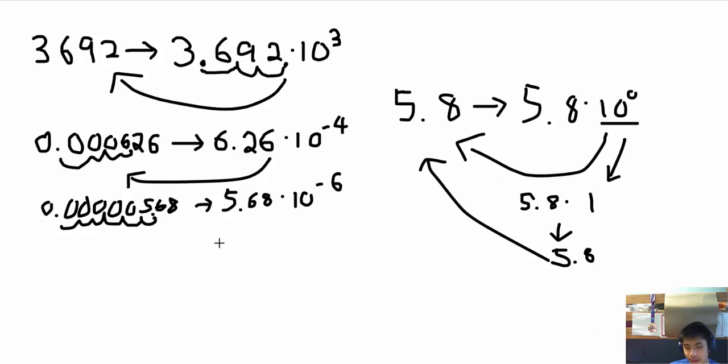Same thing with 5.68 times 10 to the negative 6 power. And finally, for 10 to the power of 0, we use it when our decimal or number is already in its scientific notation form, which is the decimal after the first non-zero number between 1 and 10. Over here, 5.8 is already in its correct form for scientific notation. Therefore, we just multiply by 10 to the power of 0, resulting in 5.8 times 1, which is 5.8.